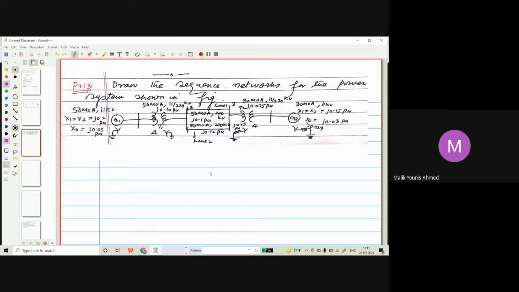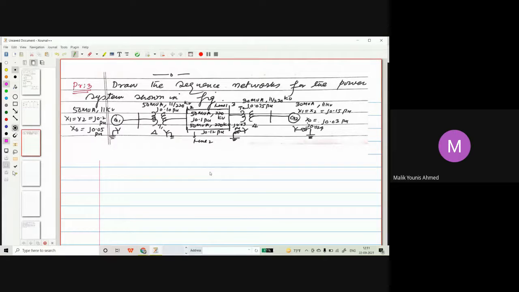Although we have to draw all of these, zero sequence networks are very important for us in the examinations, GATE examinations, competitive examinations. Sometimes the connections are given and you have to draw, or sometimes it is drawn and you have to tell what type of connections we have. So both ways it can be asked in the examinations.